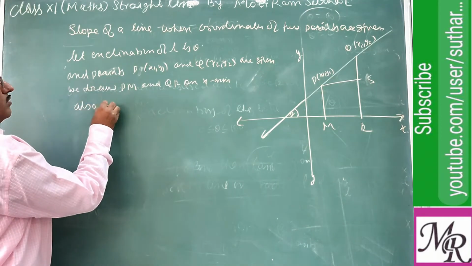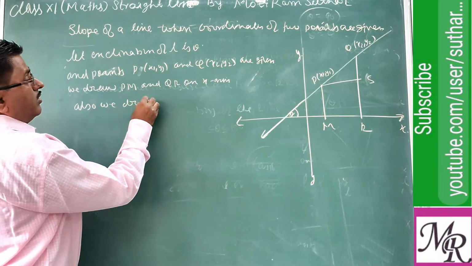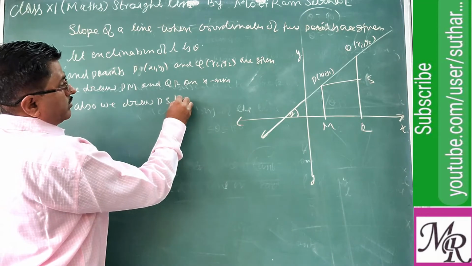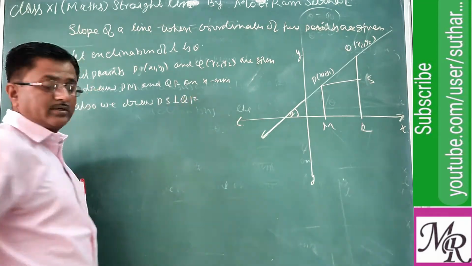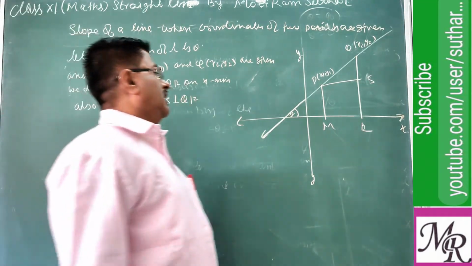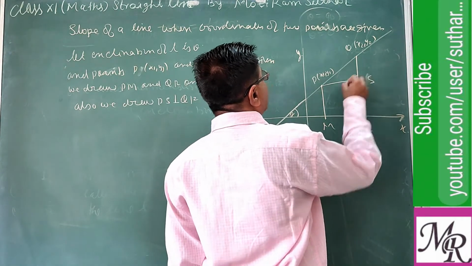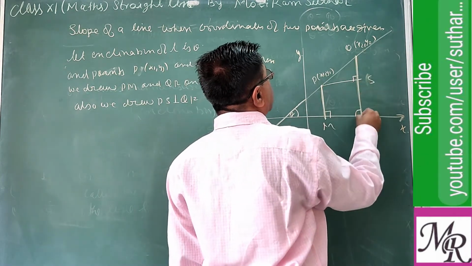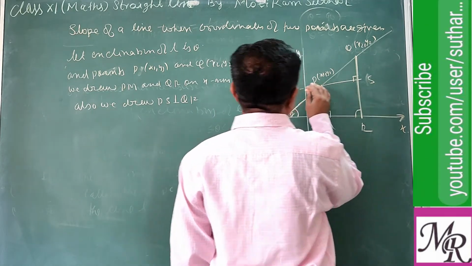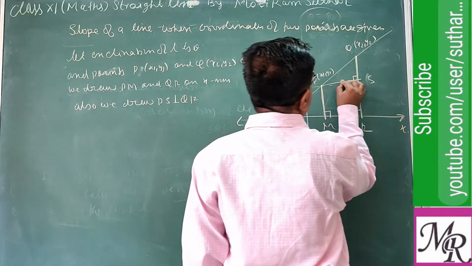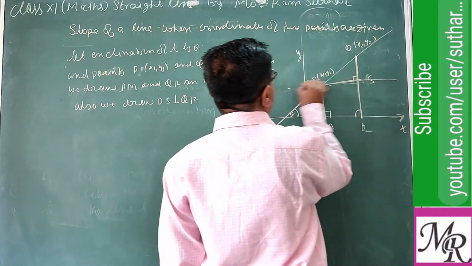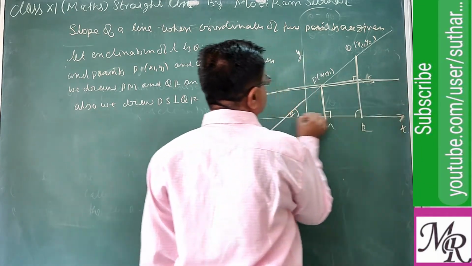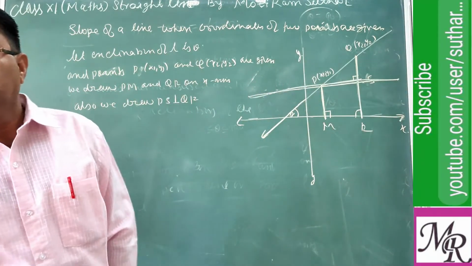Also we draw PS perpendicular on QR. Dear students, see here, these are perpendicular. So we can say this line is parallel to this line, and this line is parallel to the x-axis. Clear?